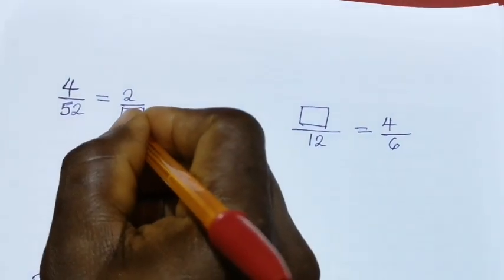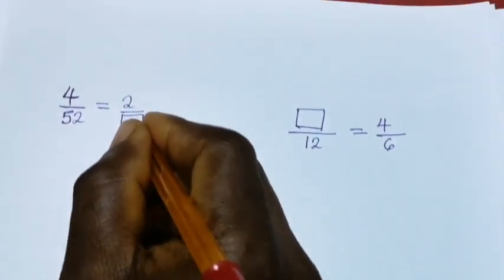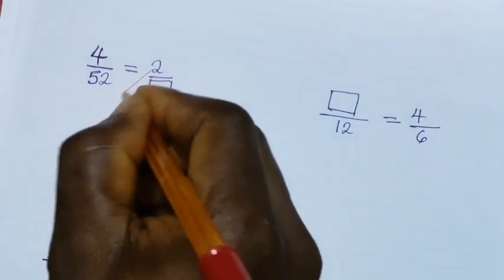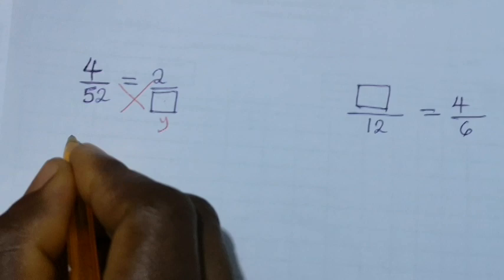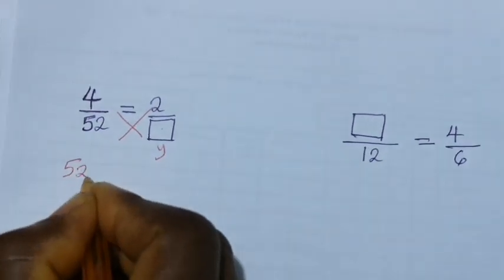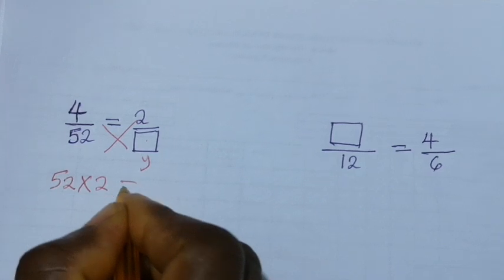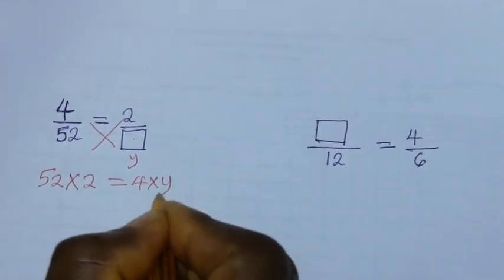Let's see how we can solve this one. Here I will just put y here. So I want to call the denominator that's supposed to be here y. Okay, so let me cross multiply. Then I will have 52 times 2 is equal to 4 times y.